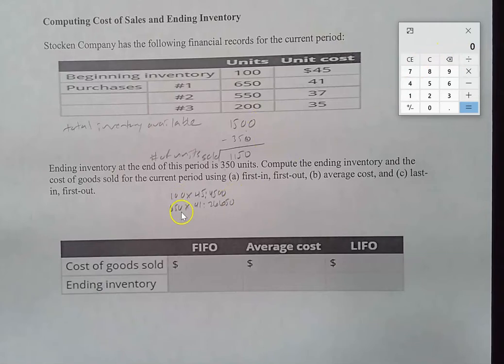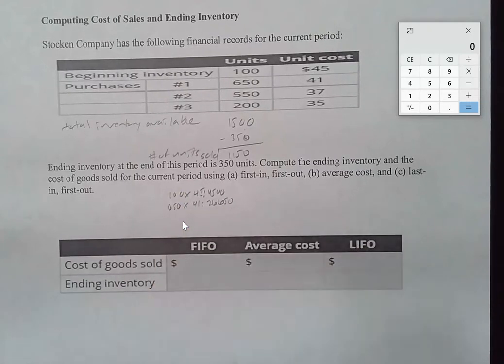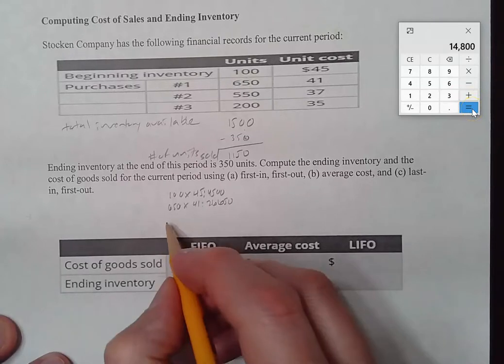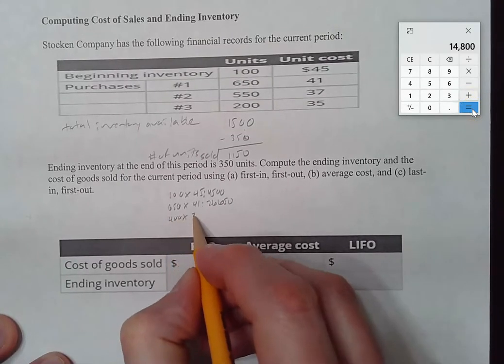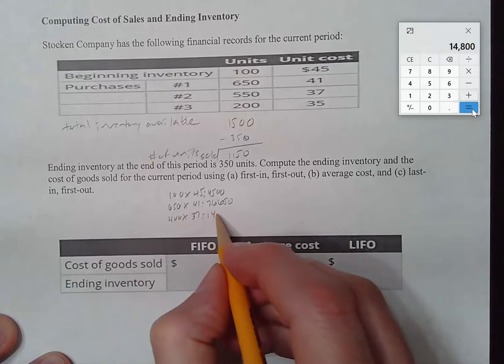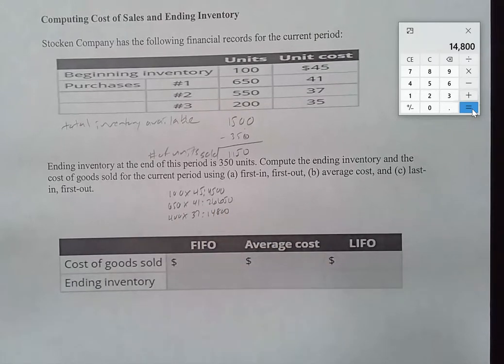All right. Now, notice that 100 and 650, clean that zero up a little bit, that's 750. And we sold 1,150. So that means I'm going to need 400 of this second purchase times 37. That gives me 14,800. All right, and that's my 1,150 items that I sold here at these values.